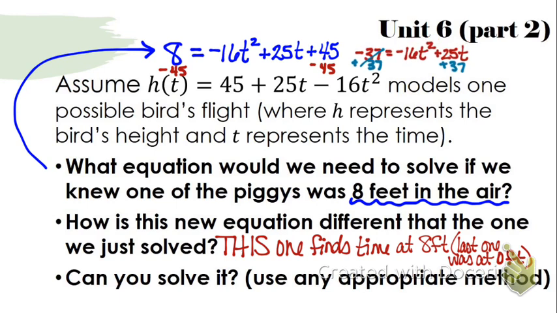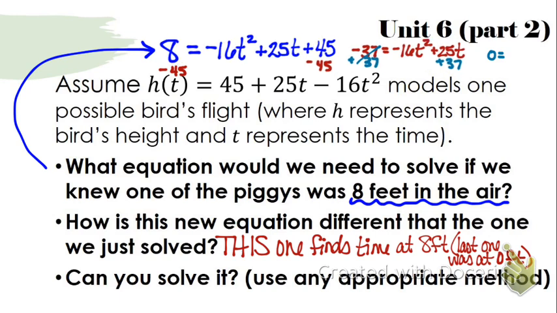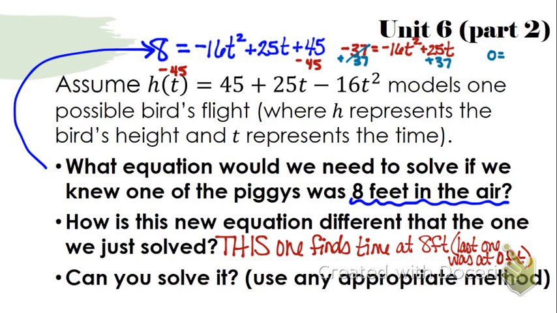So you said add it to the other side. So now I have 0 equals, I'm going to have to scoot all of this over a little bit. That would give me 0 equals negative 16t squared plus 25t plus 37, right?